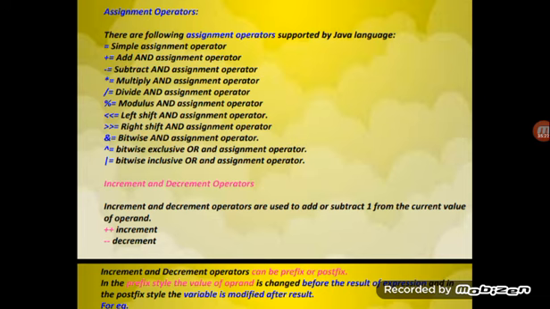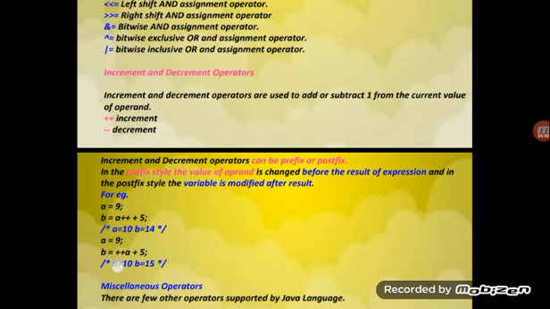Caret equal is the bitwise exclusive OR assignment operator. And then bitwise inclusive OR assignment operators. These are all the assignment operators. After that, increment and decrement operators.